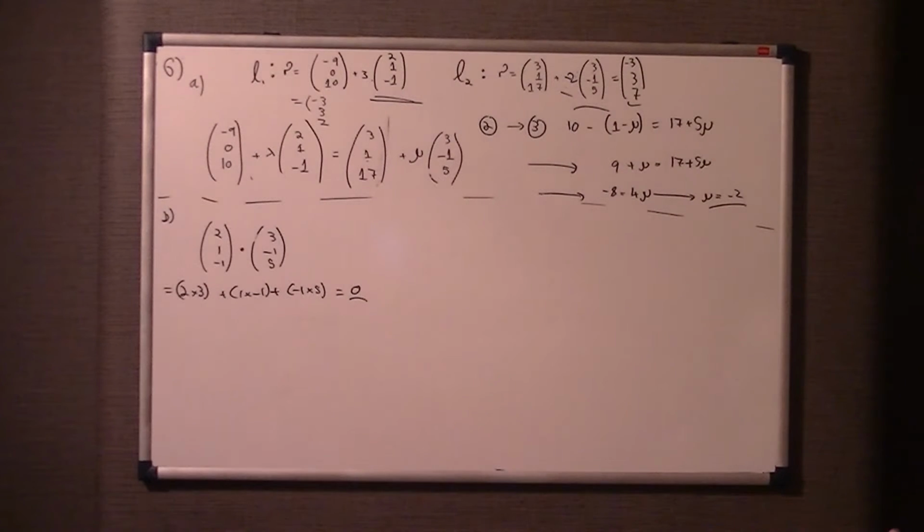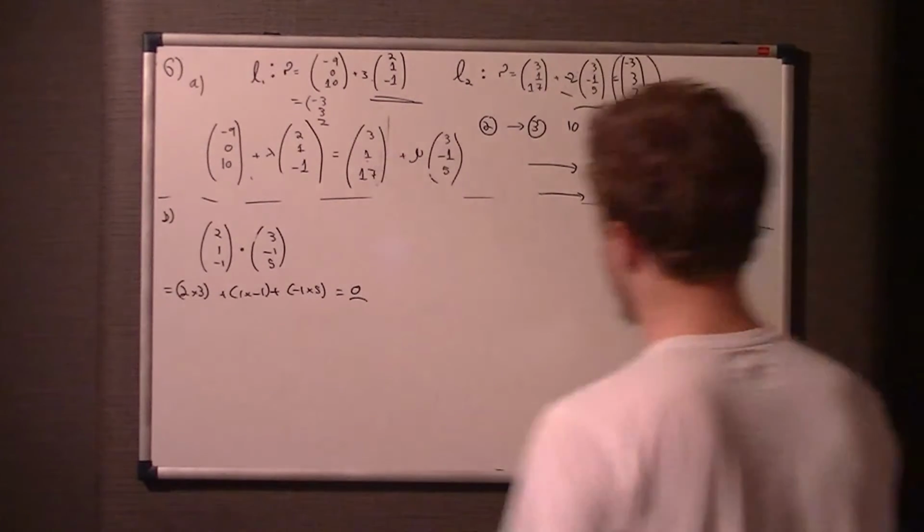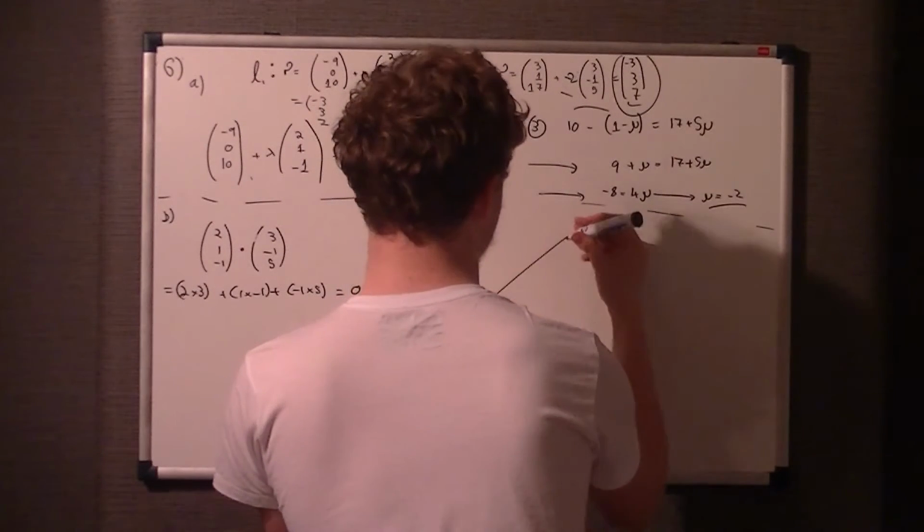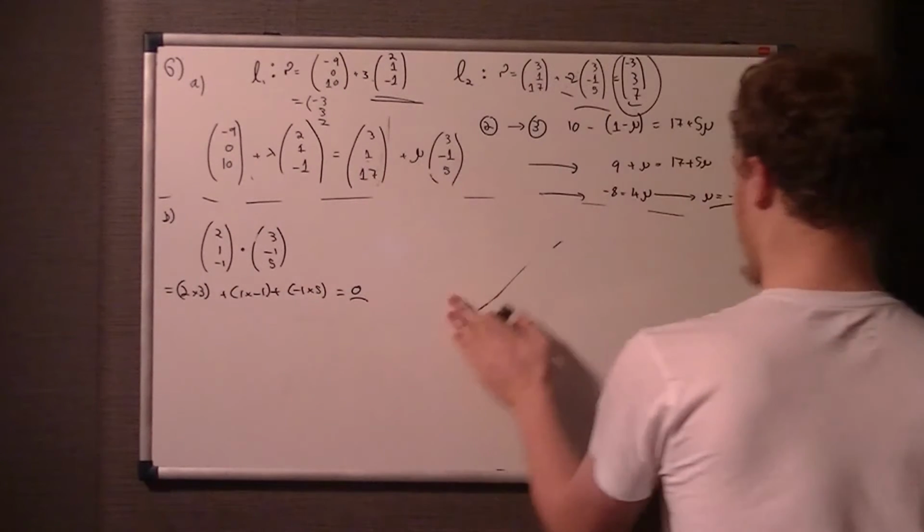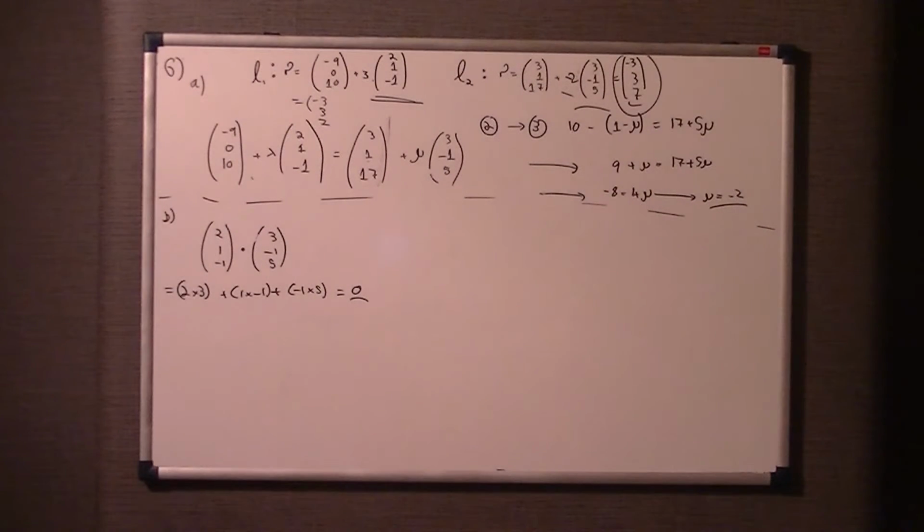Now we know they're perpendicular, and this is the point of intersection. What I always like to do is draw a little sketch, even though it doesn't necessarily ask you to. It is very helpful. It doesn't really matter which way round you draw L1 and L2, and since it's not asking you to, it doesn't matter if you don't draw it perfectly.